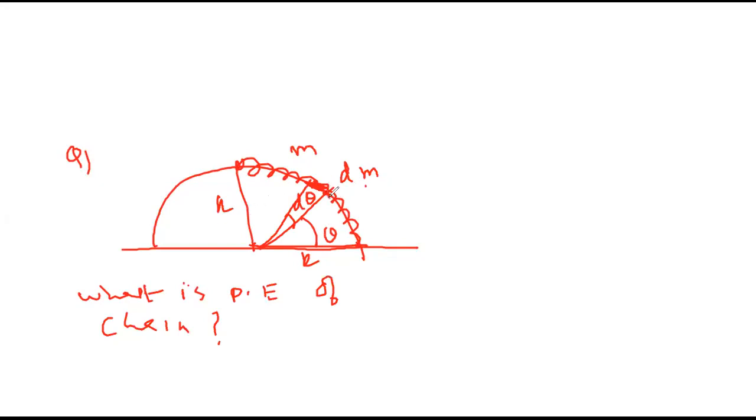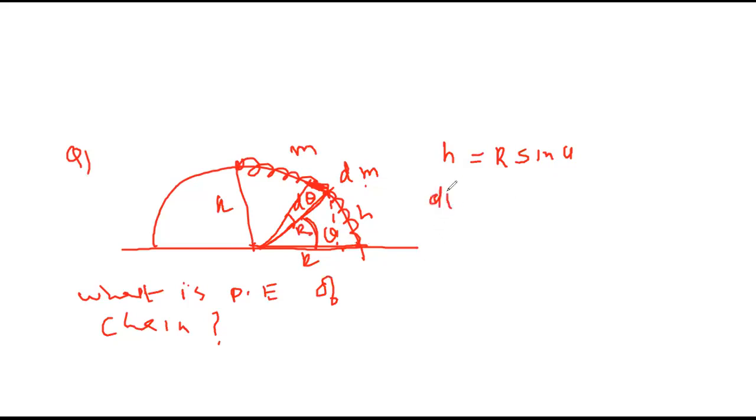If this elemental mass is at height h, can you tell what will be h in terms of r? This is r, this is theta, so the height will be r sin theta.